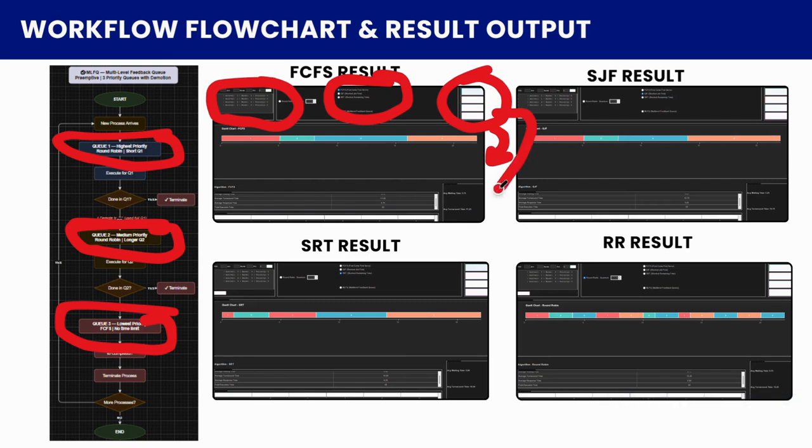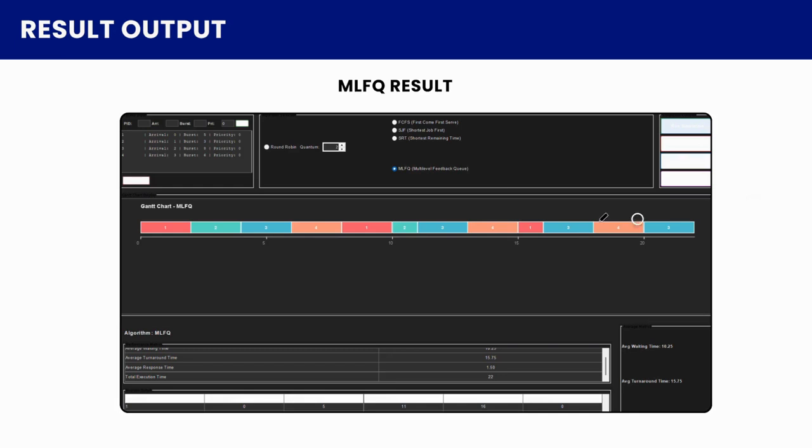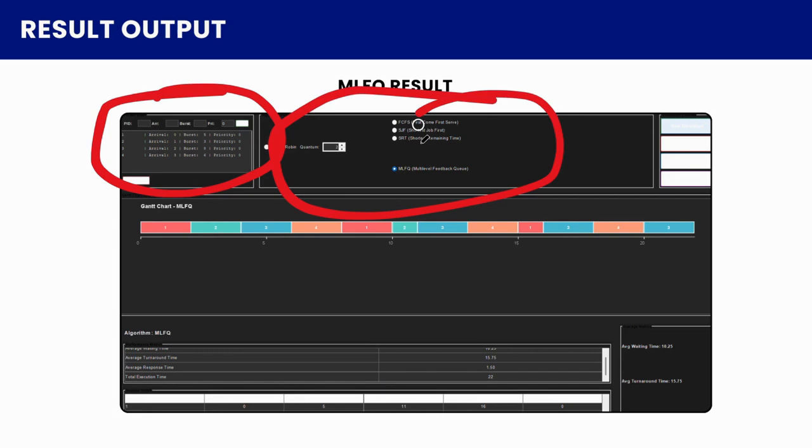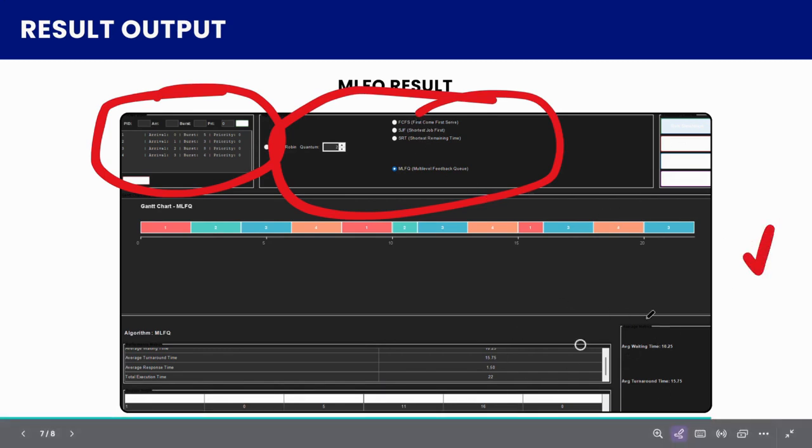You also see the average waiting time and turnaround time. Okay, this one is the same, this one the same, this one the same. You can see clearly, right? Here's our process, our algorithm, our Gantt chart, and the average waiting time and average turnaround time.